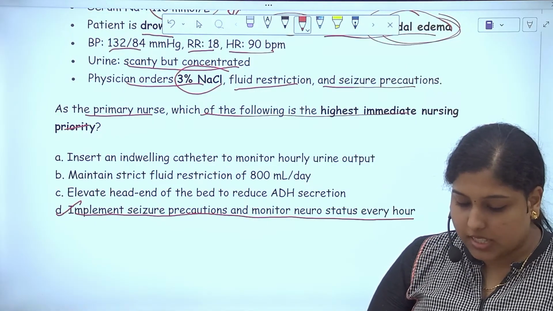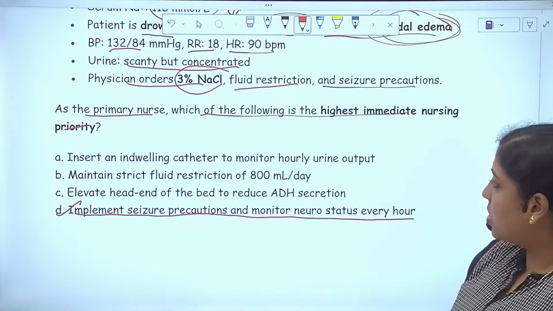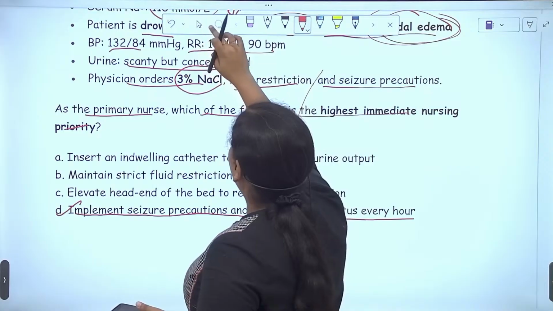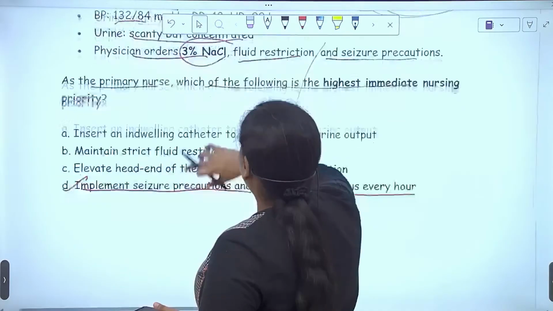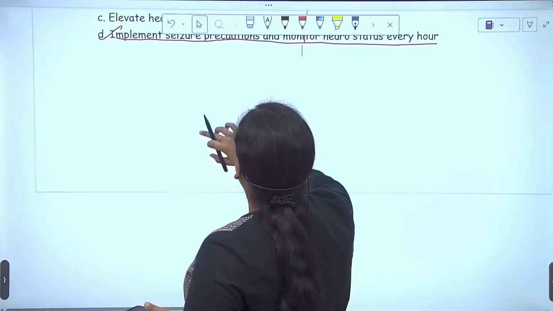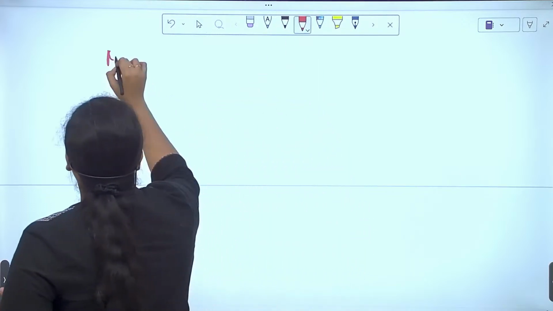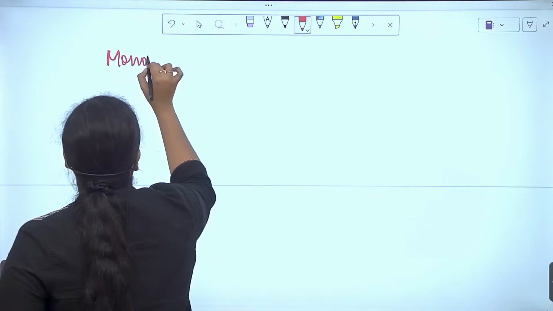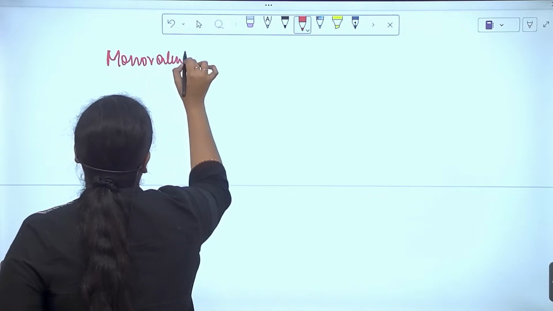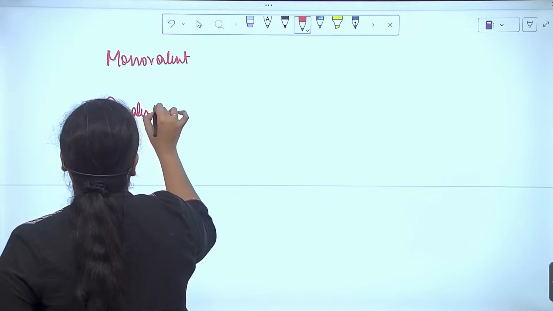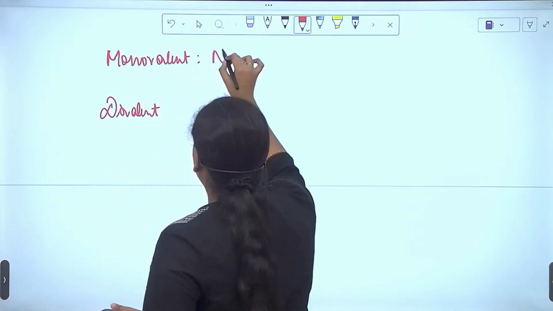We were discussing monovalent ions. Monovalent and divalent, so remember this additional component. Monovalent is your sodium.